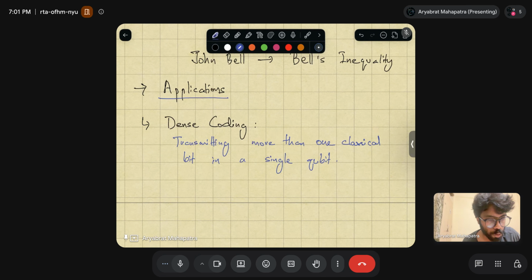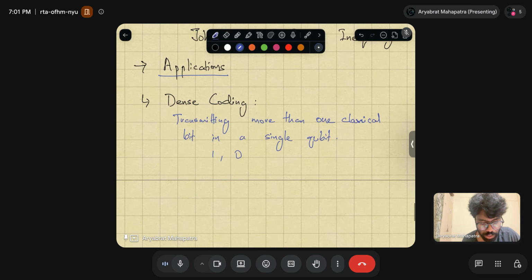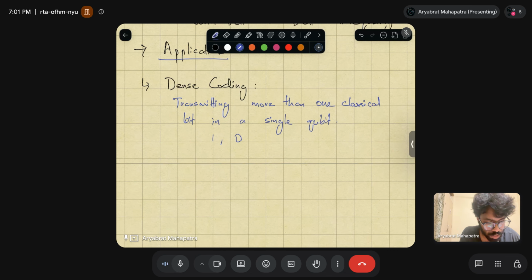So it's like using qubits to transmit classical information. For example, to send one classical bit, you require one classical bit, given as 1 or 0. But if you have qubits which are entangled, you can send two classical bits of information at a time.